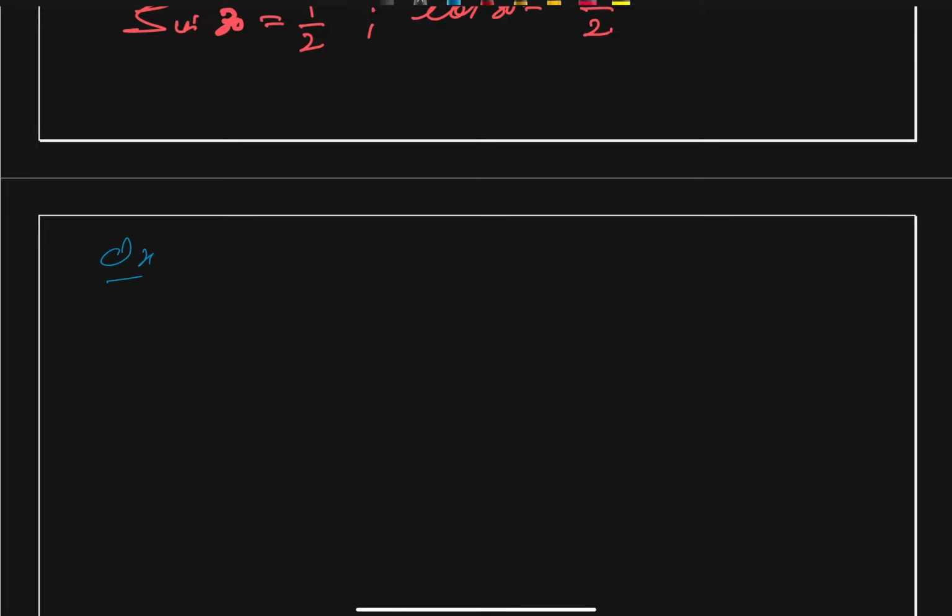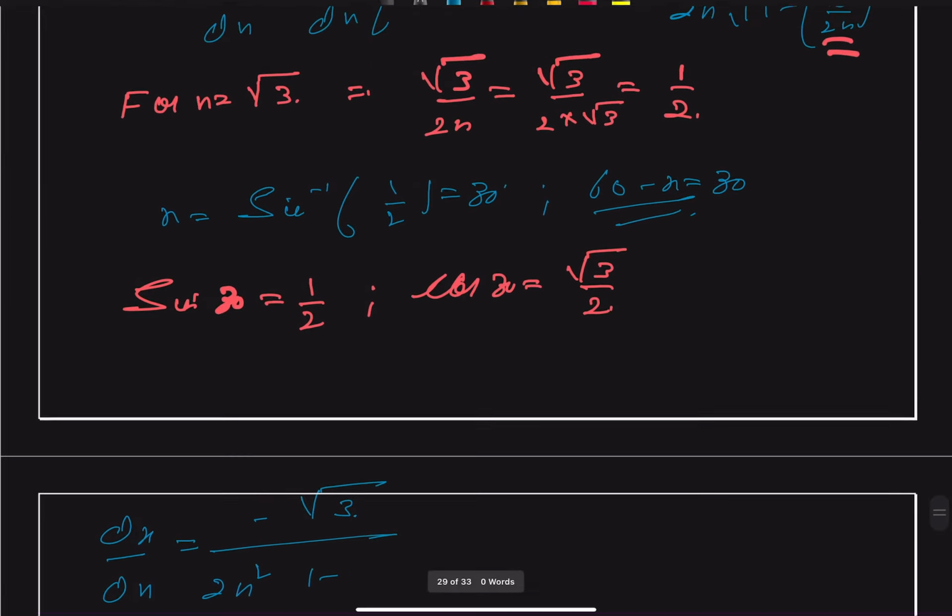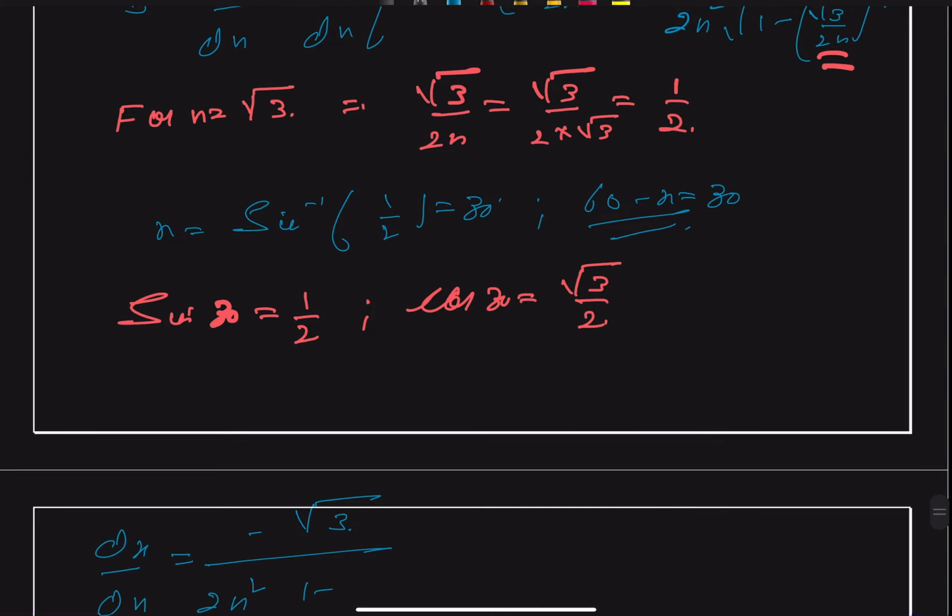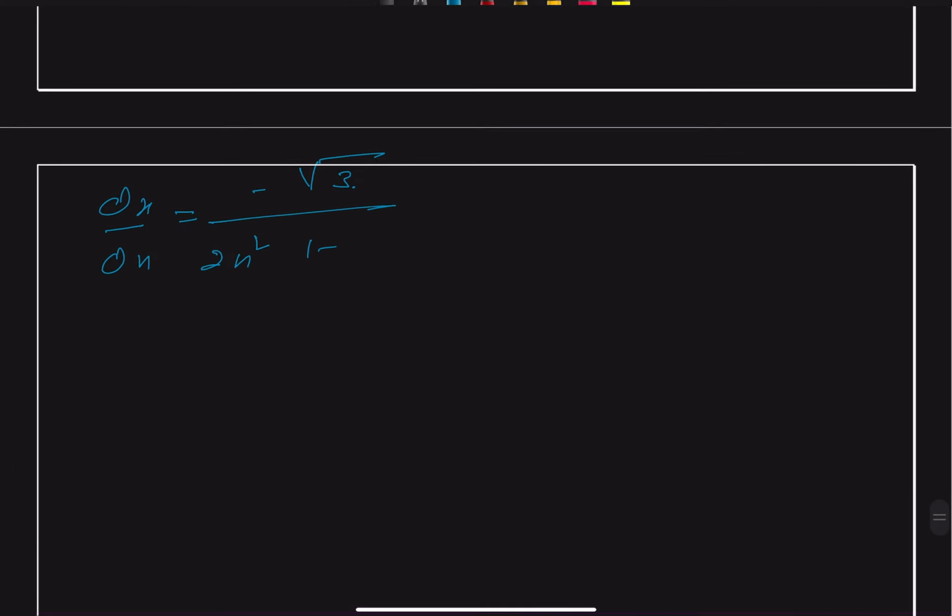So we find out dx/dn will be equal to minus square root of 3 divided by 2n squared, times the square root of 1 minus 1 by 4.